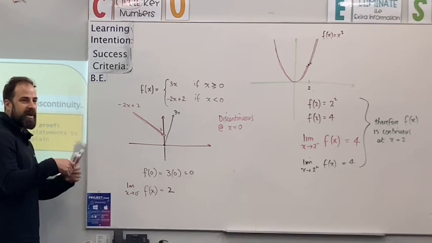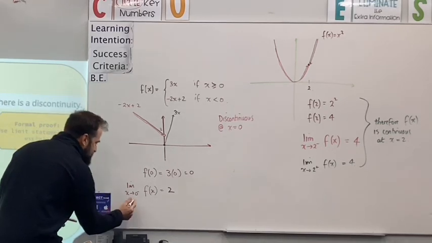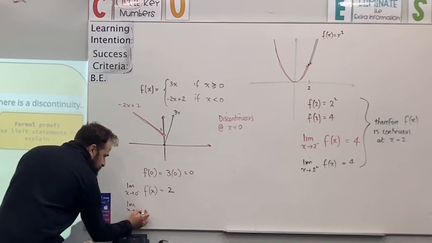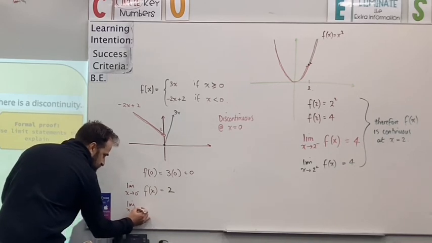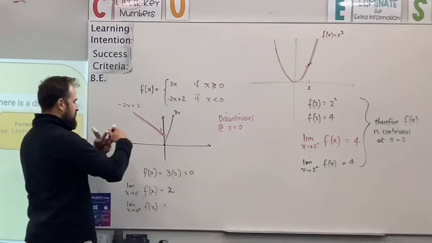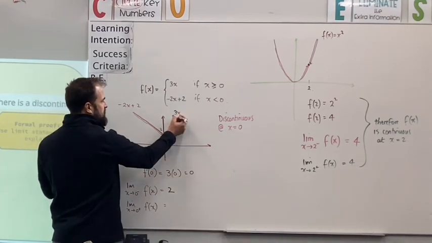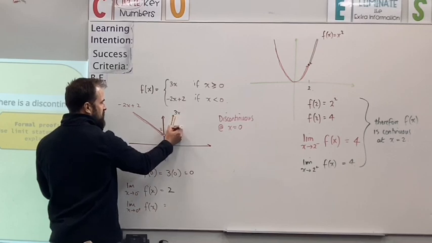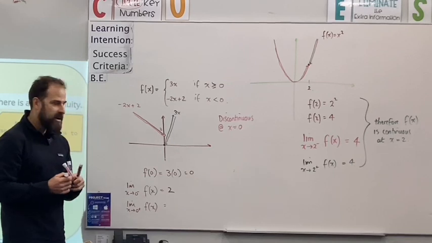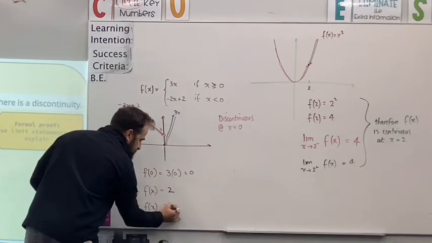Give me a minute, I'll do the next part and then I'll answer your question. Now we check from the other side, the limit as x approaches 0 from the positive side of the function. As I trace my graph from the positive side back towards 0, what's the value that I'm approaching? I'm approaching 0.